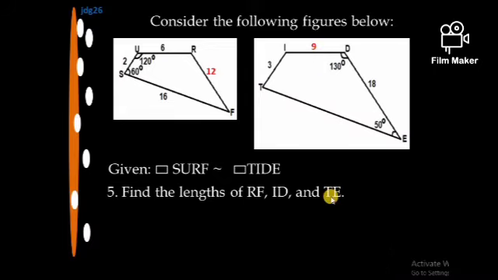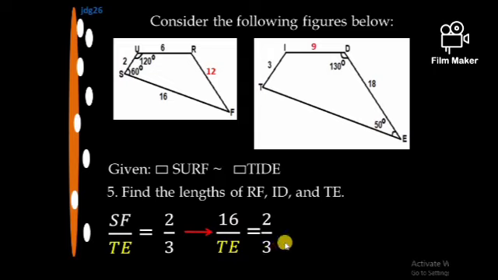Now, let us solve for segment TE. Ang corresponding side ng segment TE ay segment SF. So, ang ratio natin is SF over TE. And this is equal to the scale factor, which is 2/3. Next step, substitute the value of SF, which is 16.